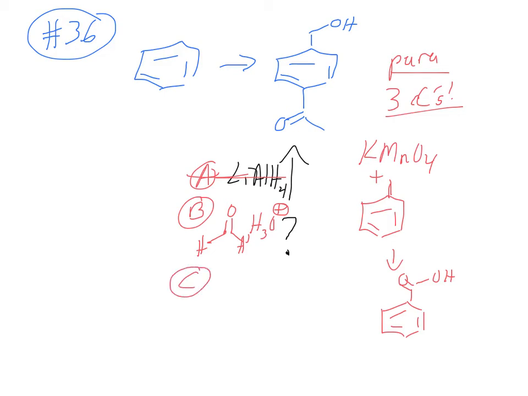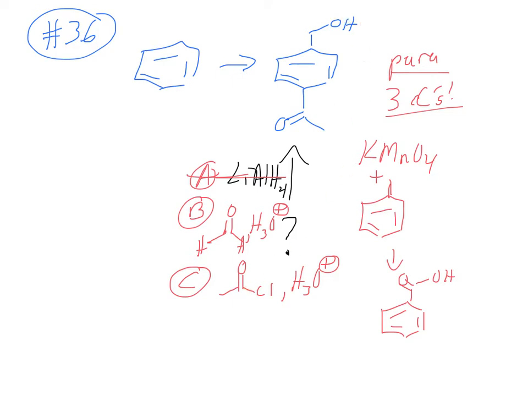For C, the last thing they do is this in H3O plus. That could maybe work, but it probably wouldn't work in the presence of an alcohol, because the alcohol could attack there.